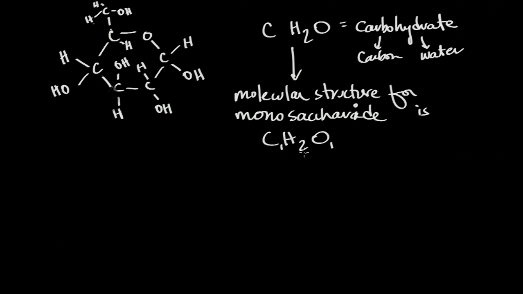So for every carbon, there are 2 hydrogens and 1 oxygen. So for glucose, the formula, we counted 6 carbons, so we have 12 hydrogens and 6 oxygens. A 1 to 2 to 1 ratio that comes back to our carbon water, or C1H2O1 ratio. But note that this is only for monosaccharides, and what I want you to be thinking about as we continue through this is why.